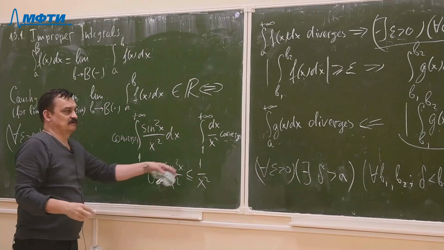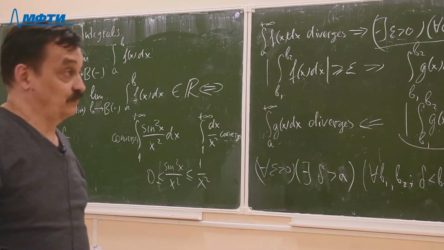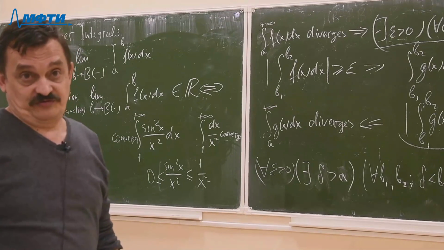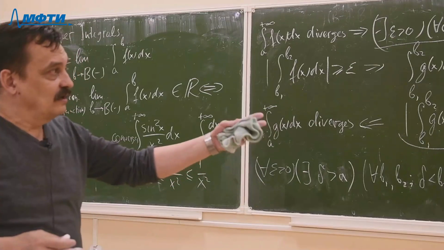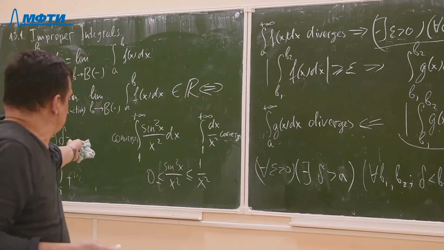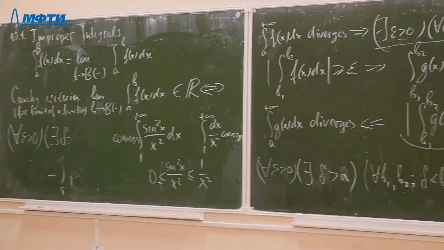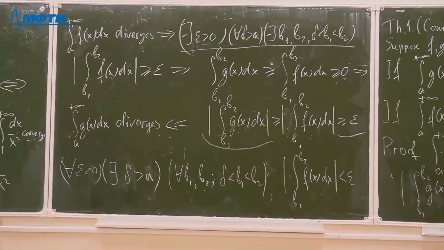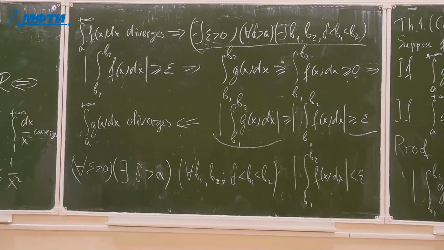So you see, almost immediate. And that indeed works very often, this comparison theorem. You see, the proof is very simple, just apply the Cauchy criterion, nothing else, and a simple inequality. But it works quite often.